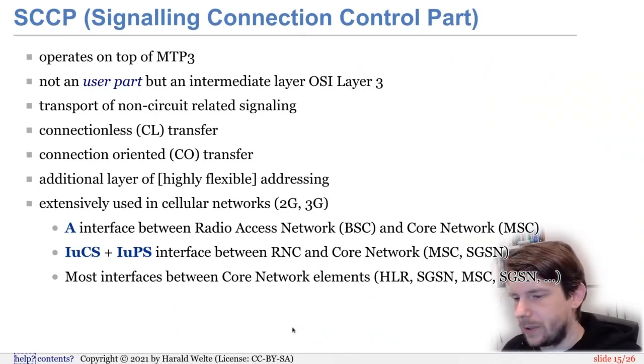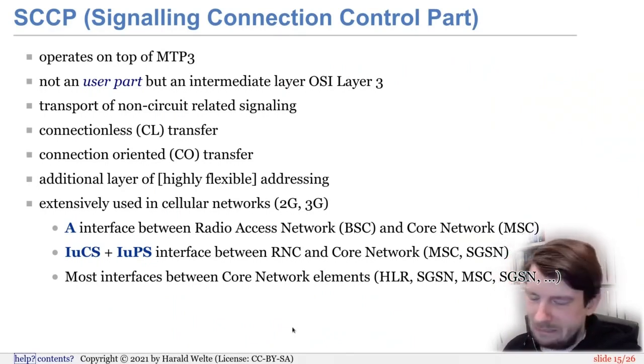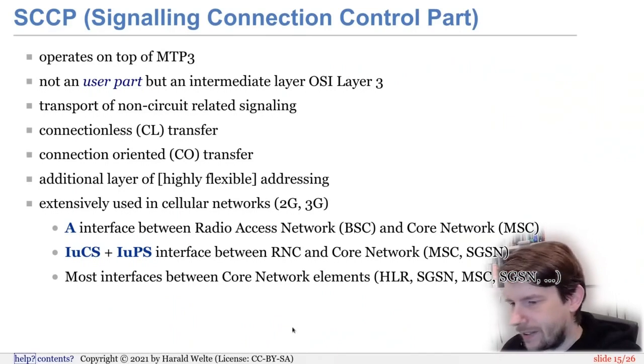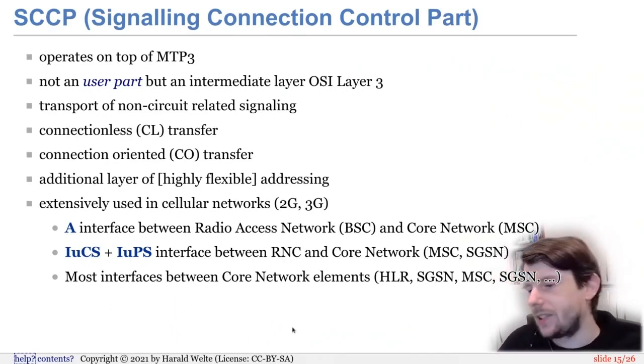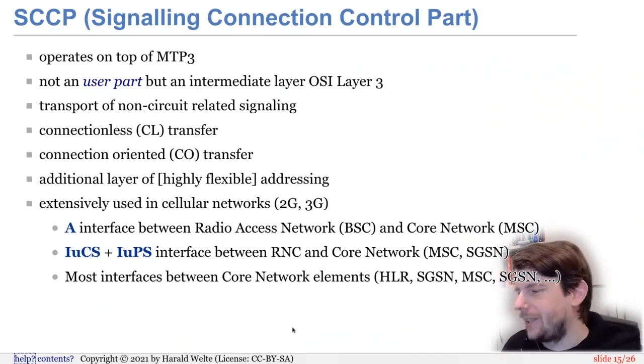Connectionless, you can compare a bit to UDP. You have datagrams that are sent from source to destination. There may be response datagrams, but no abstraction of a connection. Connection-oriented transfer, you cannot really compare with TCP because it is not a stream.